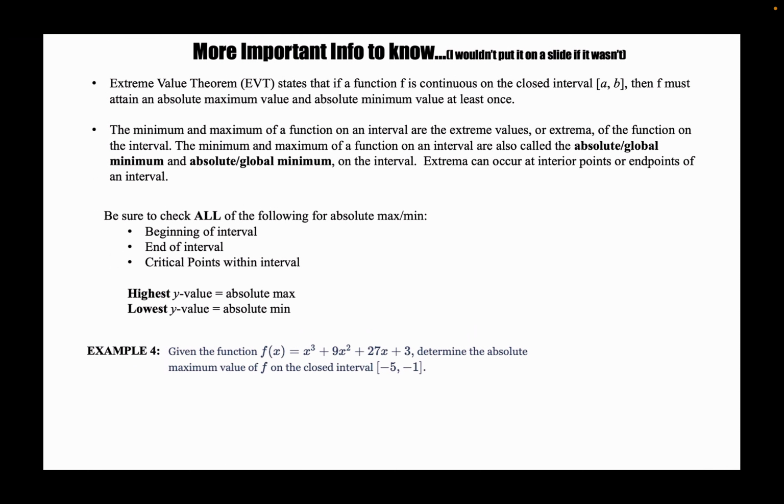Okay? So where do we check? Well, we're going to do the same thing we've been doing. I need to know all the relative extrema because I have to check those. And then there are 2 other points I need to check: the beginning and the end of the interval. The first thing I'm going to do is what you've been doing this entire time.